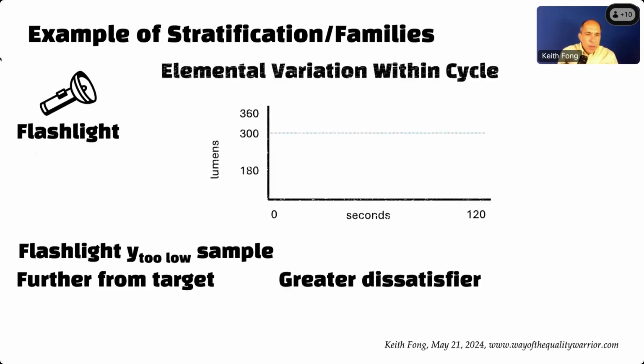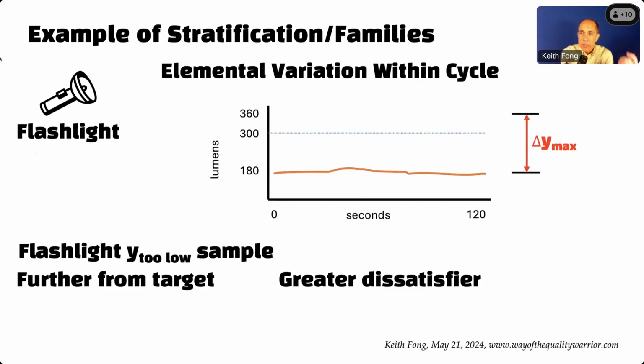but it seems like it's the one that works better for me. Now, as I said, we ran a test for 2 minutes. So what I want to do is look at its behavior across the 2 minutes. How does it change within one single test? We measure the lumens output, and there's variation, but not a whole lot. If we compare that against the whole range, our delta Y max, we know is 180 to 360, we can easily see that we're using just a tiny fraction of the observed variation.